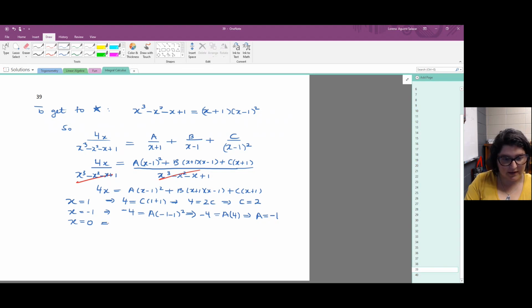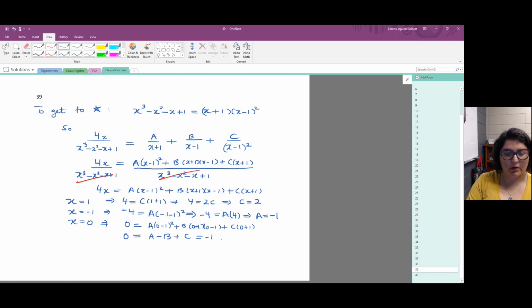And then from making x equal to 0, we get that 4 times 0, so 0, should be equal to a times 0 minus 1 squared, plus b times 0 plus 1 times 0 minus 1, and then plus c times 0 plus 1. Or same thing, 0 equals a minus b plus c.